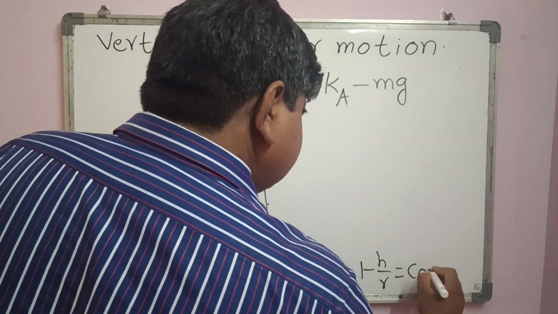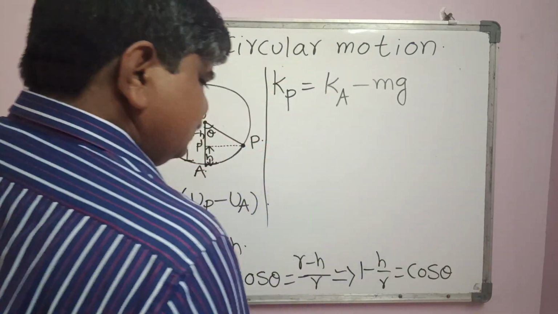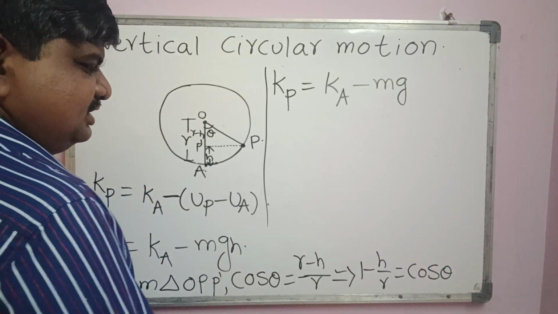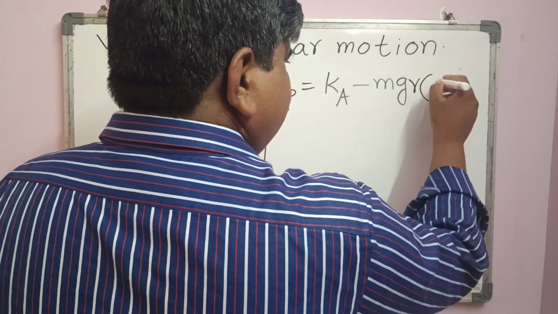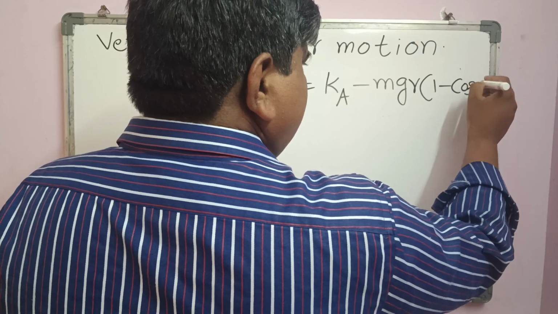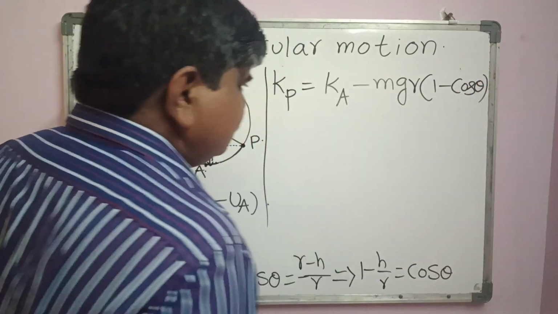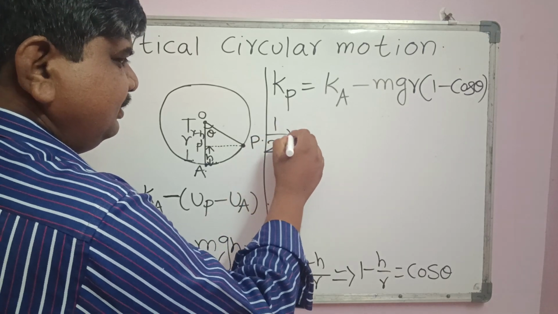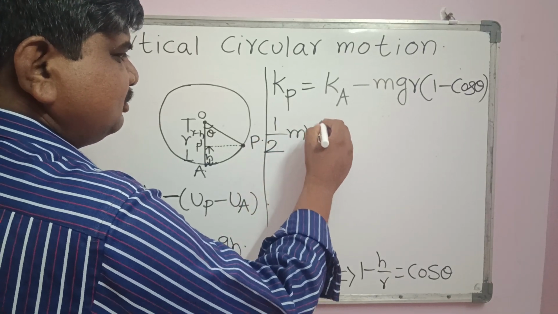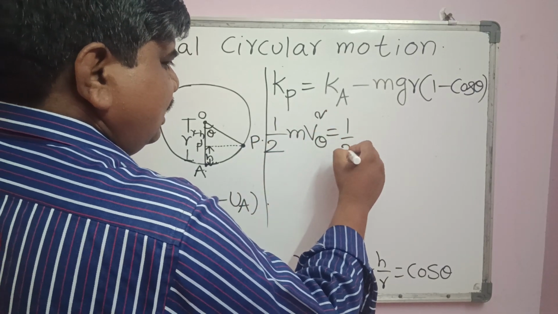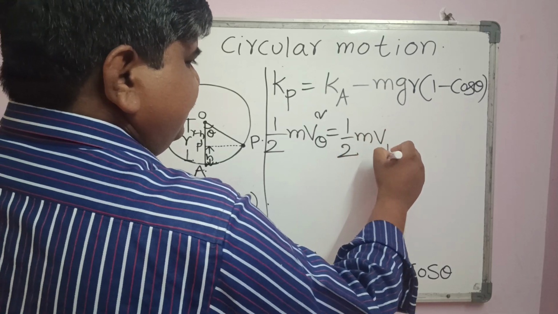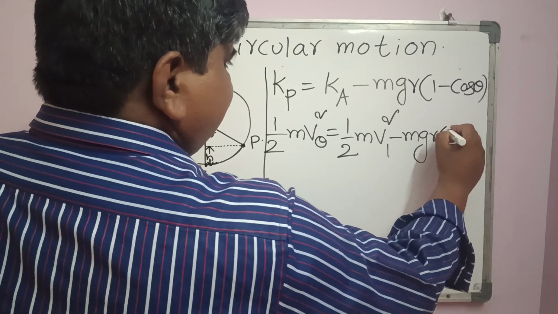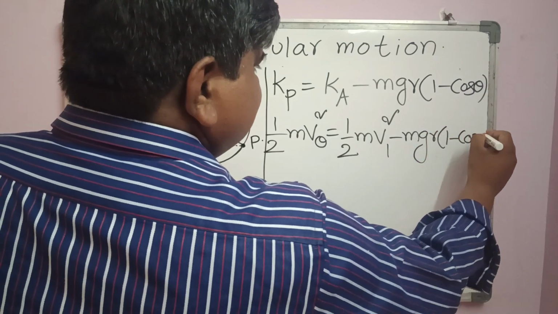So h by r equals 1 minus cos theta, and h equals r into 1 minus cos theta. Kinetic energy at point P can be written as half m v theta square equals half m v1 square minus mgr of 1 minus cos theta.